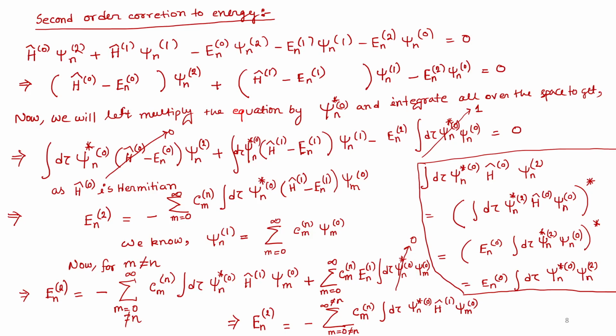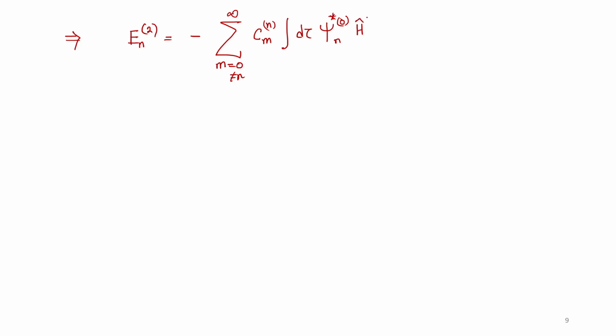And that's not all. I'll play with it again. What I have got, I'll write it again. So I have got E_n second to be minus summation of m equals 0 not equals to n, infinite, c_mn, d tau psi n zeroth, the perturbation term, and psi m zeroth.